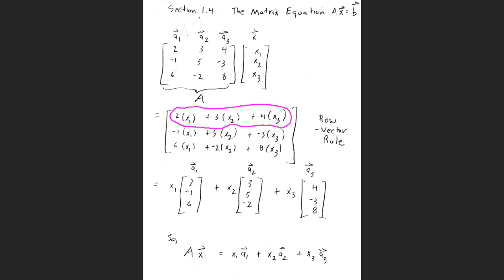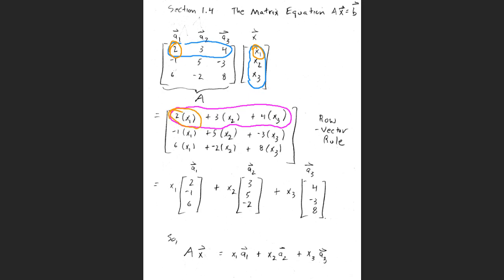Well, we take the first row of the matrix A and the vector x, and we move along the row and down the vector and multiply as we go along. So we have 2 times x1, that's this part right here.